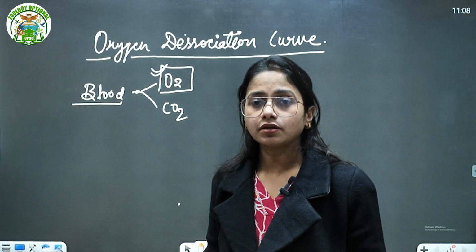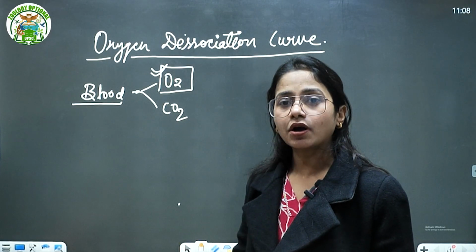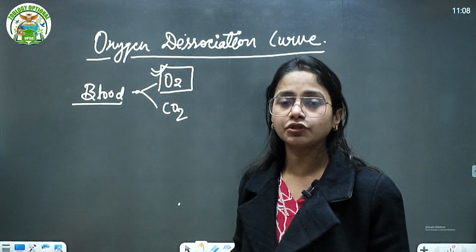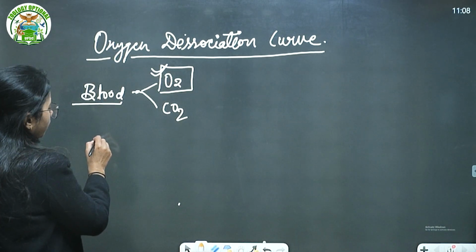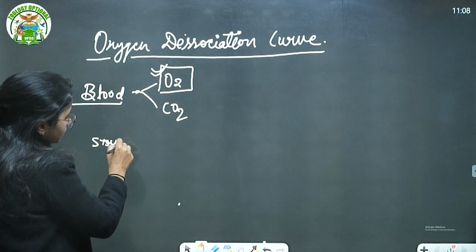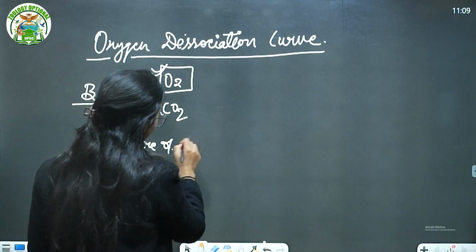Before starting the oxygen dissociation curve, first we need to know how the oxygen is associating with the hemoglobin. For that, we need to know a little bit about the structure of the hemoglobin.